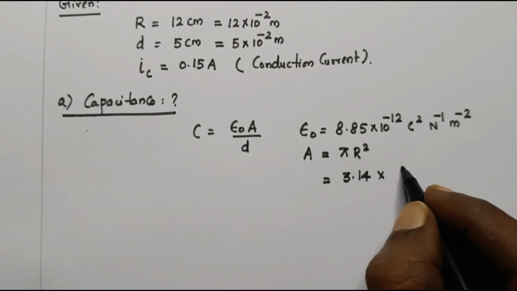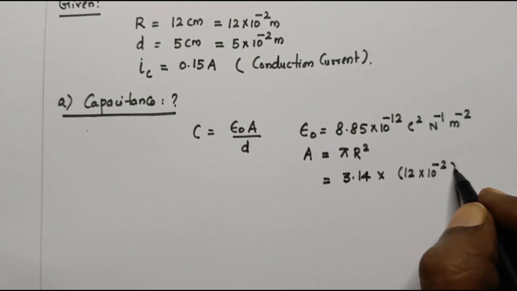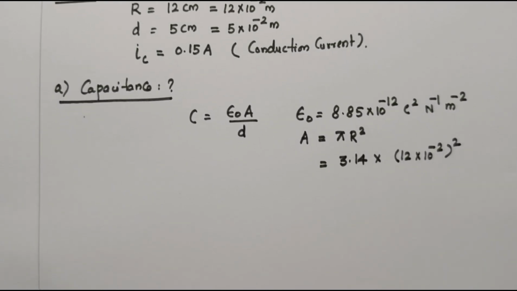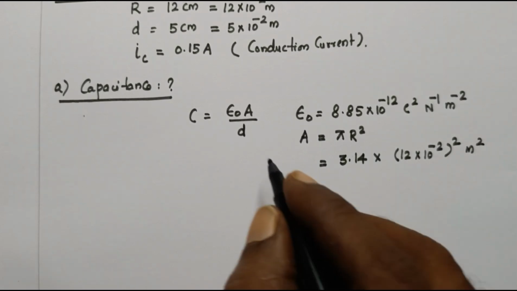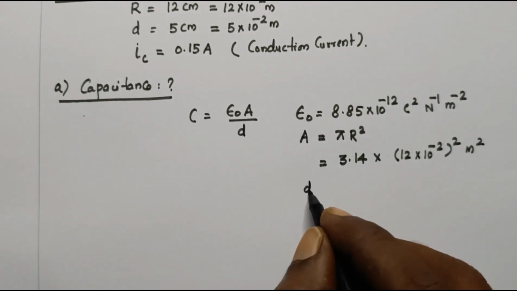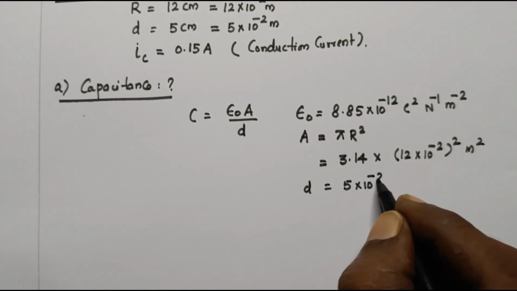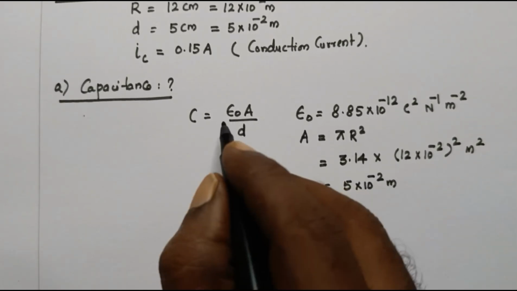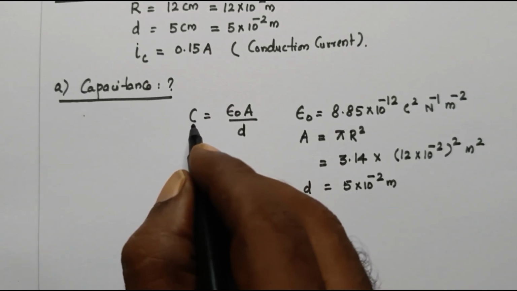Therefore, r square is 12 into 10 to the power minus 2 whole square. Unit of area is meter square. We know the value of d. d is equal to 5 into 10 to the power minus 2 meter. So we know all these values. Therefore, we can easily find the value of the capacitance of the capacitor.